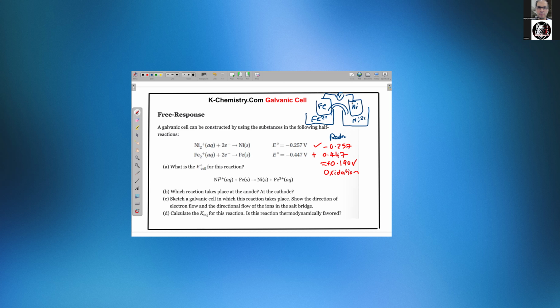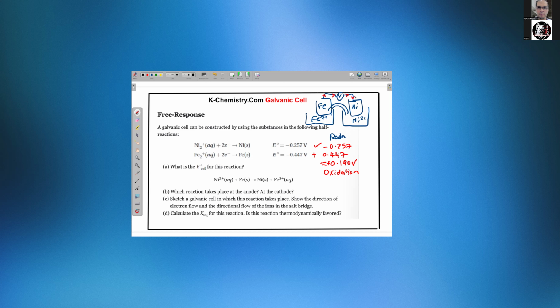And show the direction of electron flow. How do the electrons flow? From anode to cathode. Nickel to... no, from iron to nickel. So the electrons move from here and go here like that.